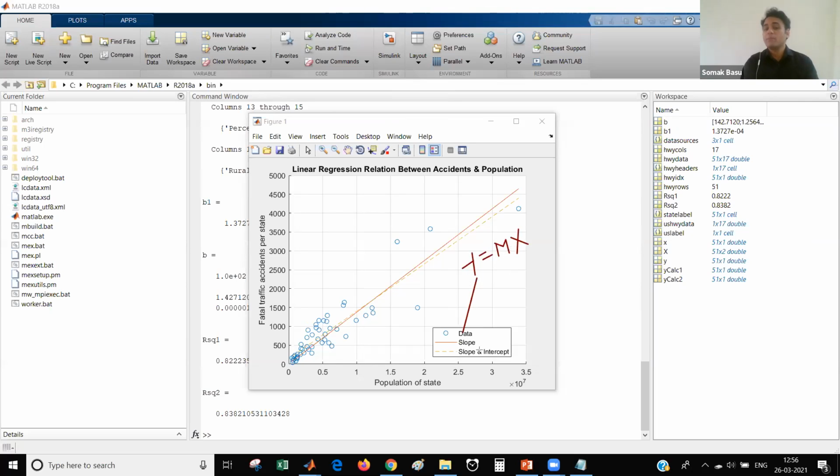The slope is denoted by m. Slope plus intercept means y is equal to mx plus c. Now see, writing c is a little difficult over here. For example, I should have used this one.